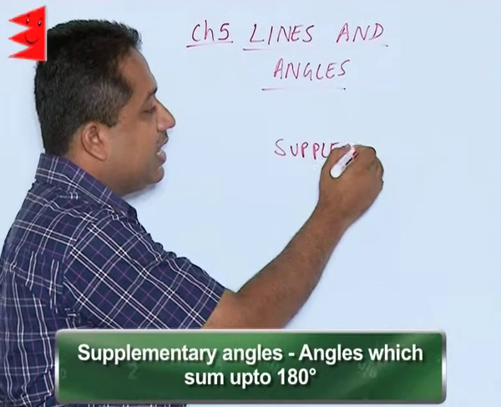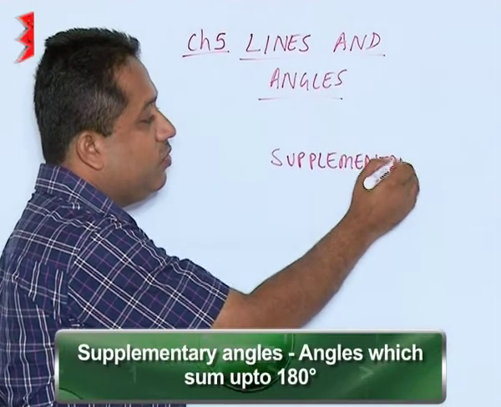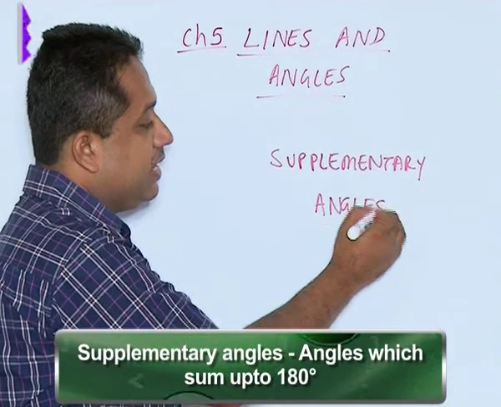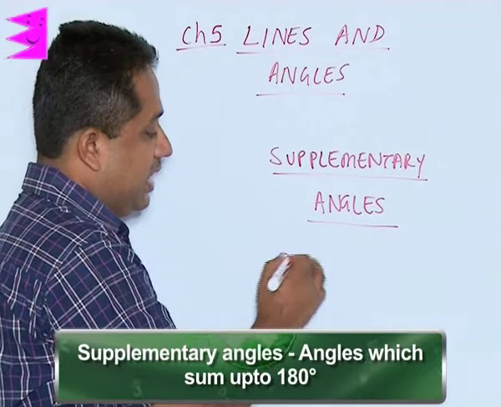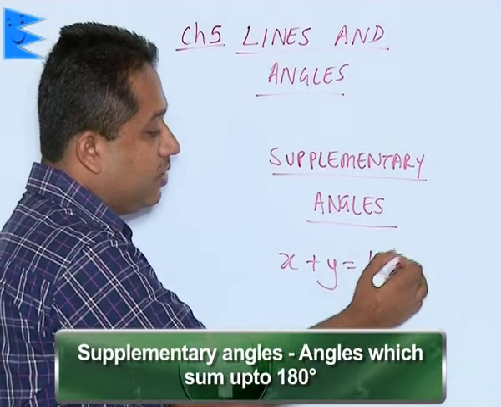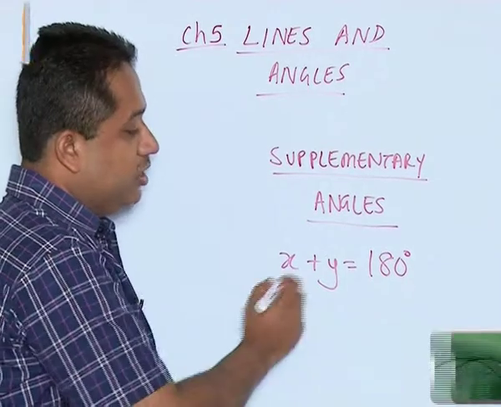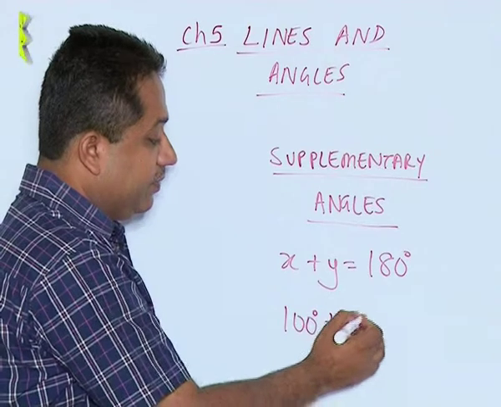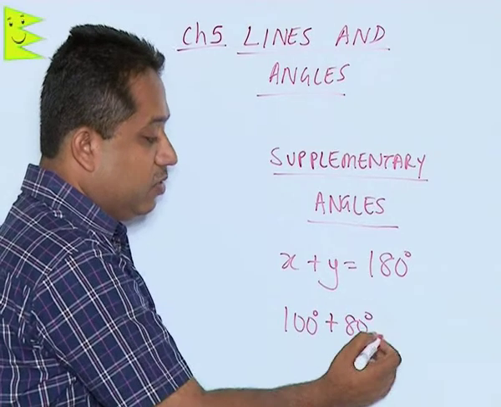Supplementary angles are angles which give you a total of 180 degrees. Now, these two angles could be anything. It could be 90 and 90. That gives you a total of 180 degrees.